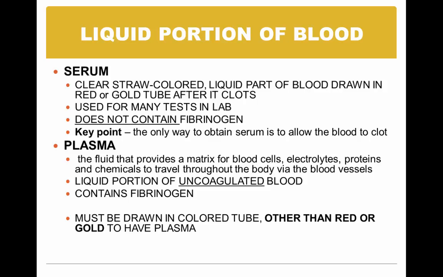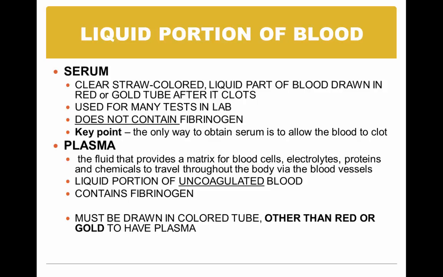Plasma is the fluid that provides a matrix for blood cells, electrolytes, proteins, and chemicals to travel throughout the body via the blood vessels. The liquid portion of the uncoagulated blood, it contains fibrinogen. So with plasma, the fibrinogen is in the plasma. The tubes have stuff in them so that the blood won't clot.